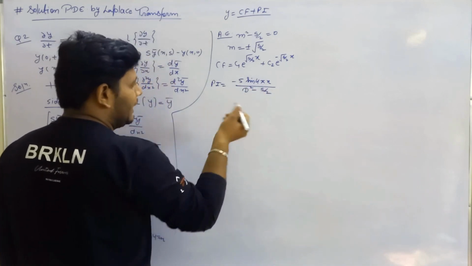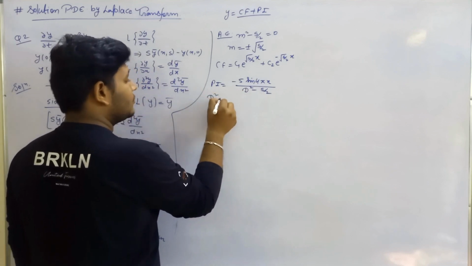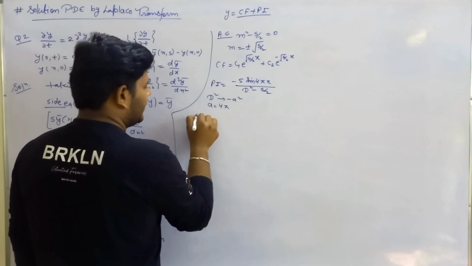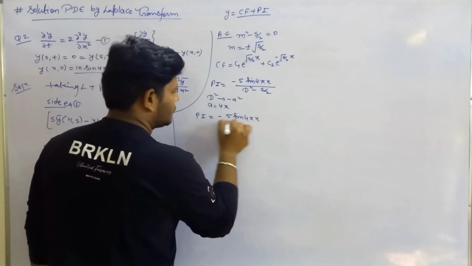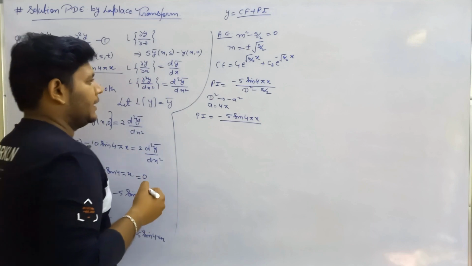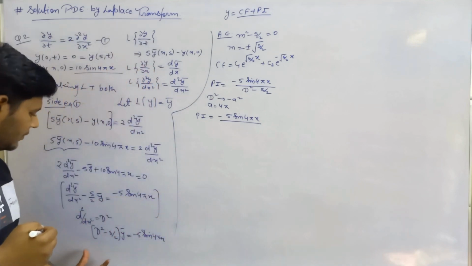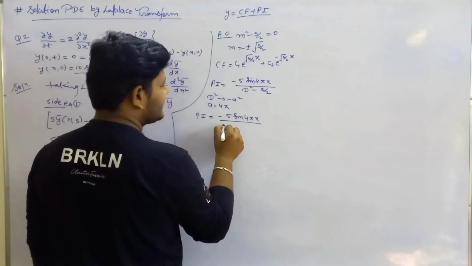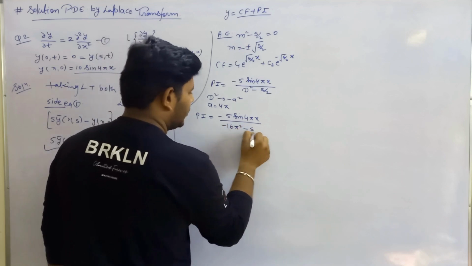Now we put D square as minus a square, and a is nothing but 4 pi. So it is minus 5 sine 4 pi x over minus the square of 4 pi, which is 16 pi square, minus s upon 2.